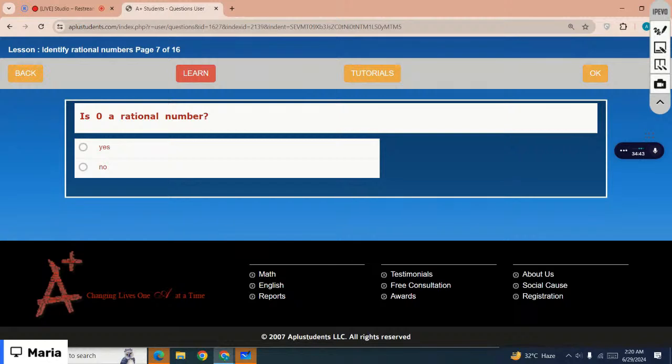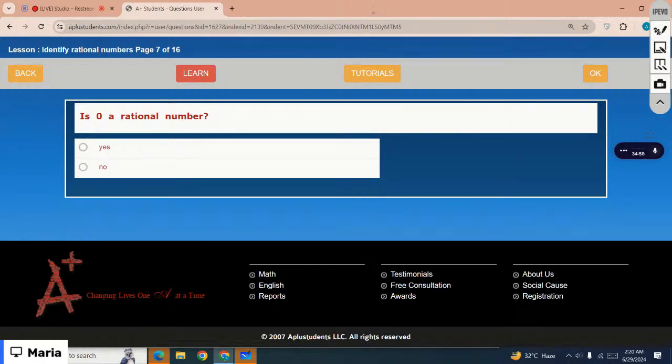Is 0 a rational number? No, 0 is not a rational number.